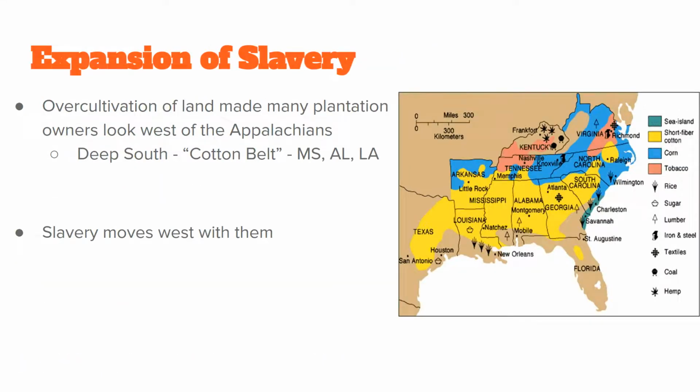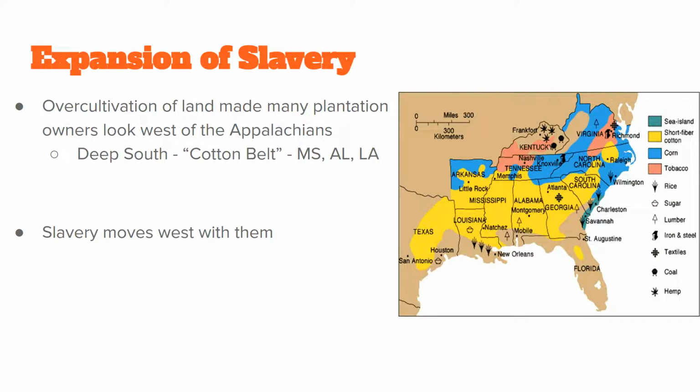The last topic to talk about is how slavery is going to expand, and this is going to be important, especially as we get into our next topic, leading into the Civil War. In the Deep South, the land is over cultivated by a lot of plantation owners. What that means is the land is farmed again and again and again, and the soil is depleted of its nutrients.